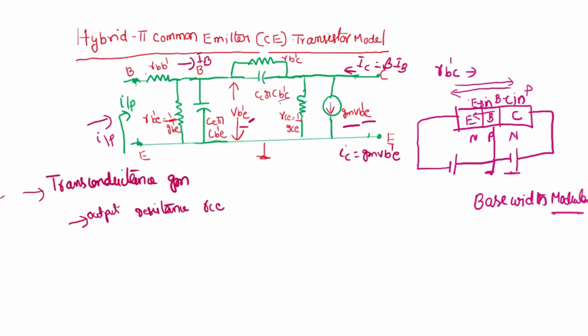When you analyze a circuit, if it is a series circuit, it is better to analyze using resistances. But if the circuit is parallel, like this hybrid pi, where all these are parallel combinations, it is better to analyze using conductances. In the next video, I'll explain the derivation of all these components.